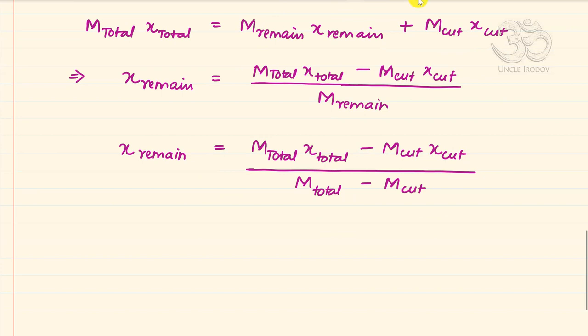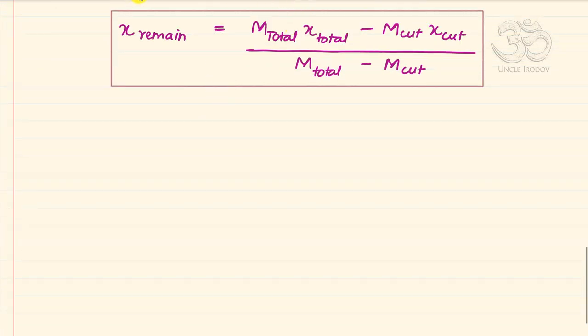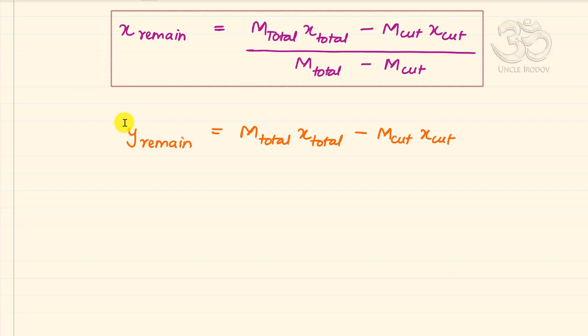And in the same manner we can also find out the formula for y remaining, and since it's analogous we don't have to do it again. I'm just going to rewrite it. So we are going to get y remaining is equal to m total y total minus m cut y cut, sorry people, my bad, and you will have m total minus m cut in the denominator.